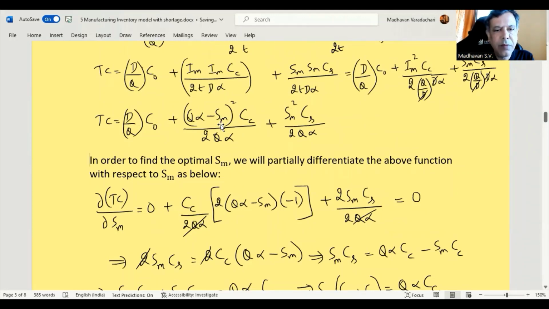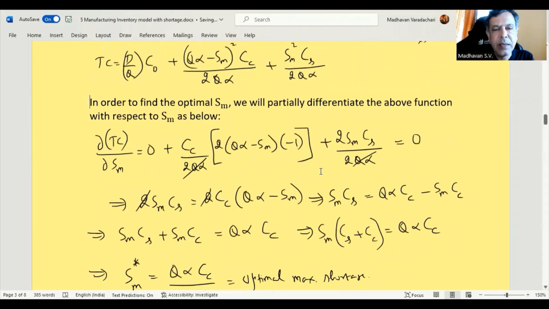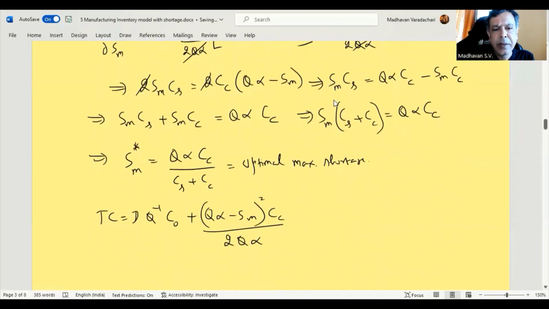And this one also, as it is, we will take this Q to the numerator. So plus Sm square Cs Q inverse divided by 2 alpha.